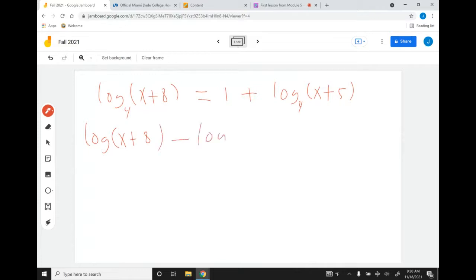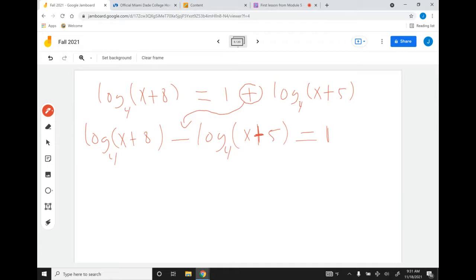Minus log of x plus 5, base 4. What's left on the right-hand side is just the 1. Notice one thing, that the sign of the argument does not change when you move them around. Only this became negative.